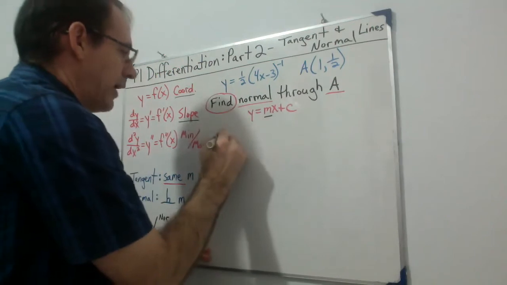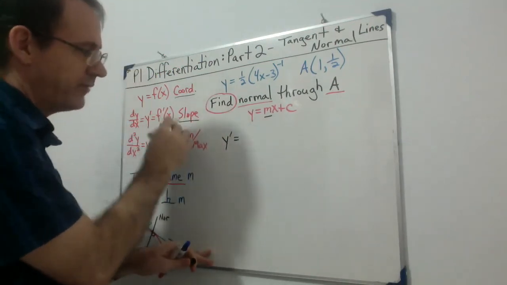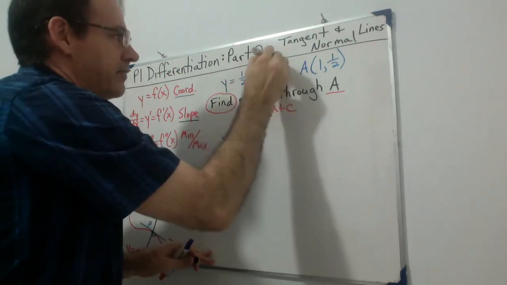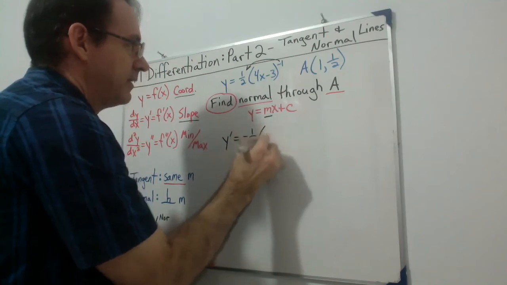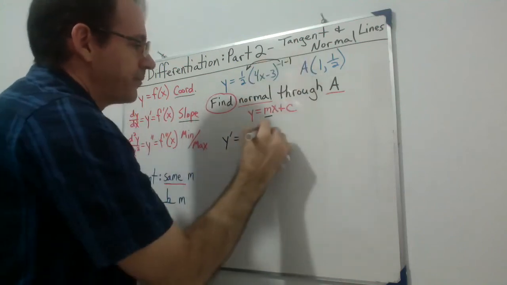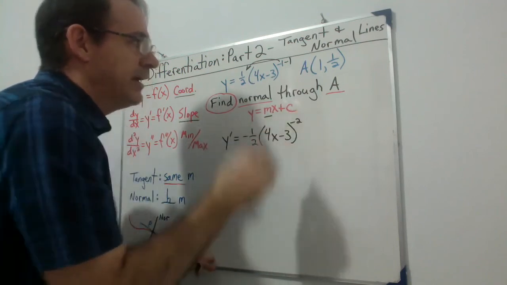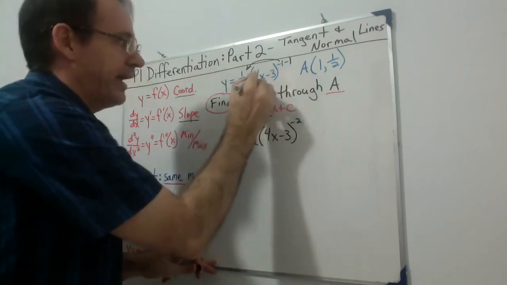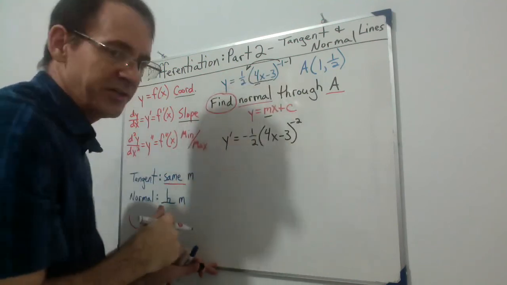So our y prime, that is our derivative, multiply the -1 to the front. So it's a -1/2, subtract 1, 4x minus 3, now to the -2. And don't forget, this is expanded. We need to do the derivative of the inside, which is just 4.